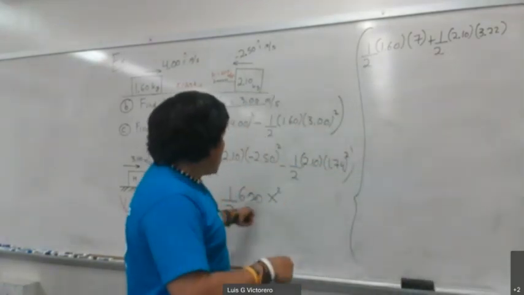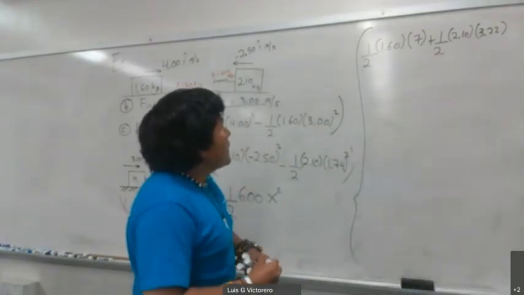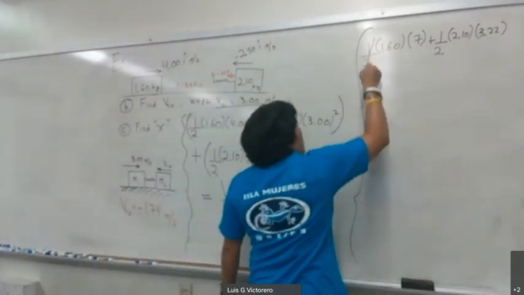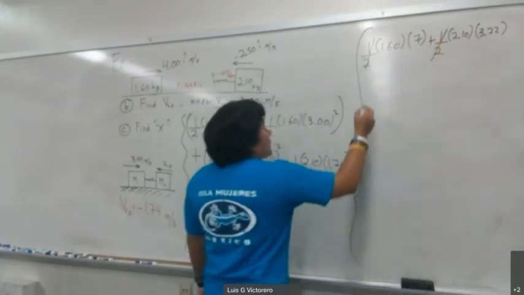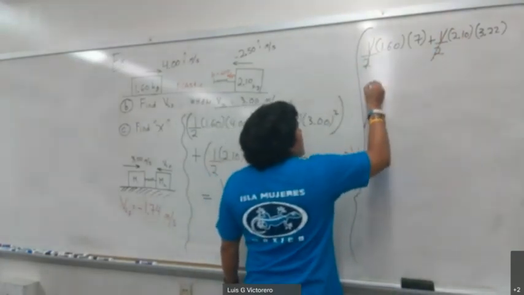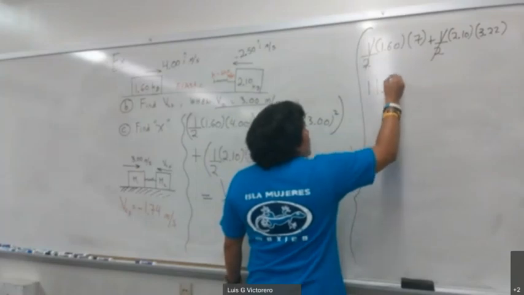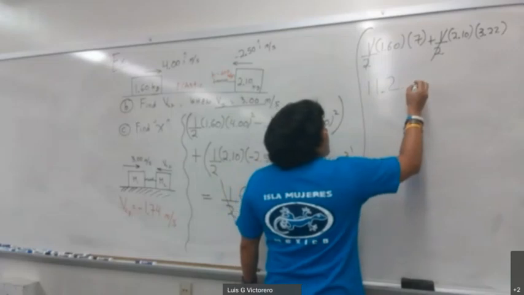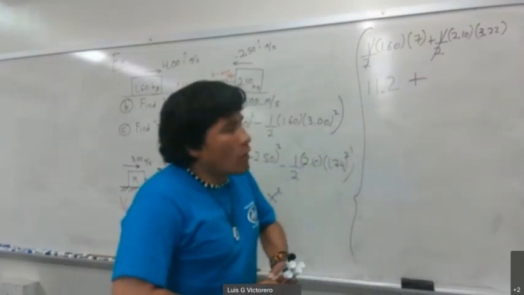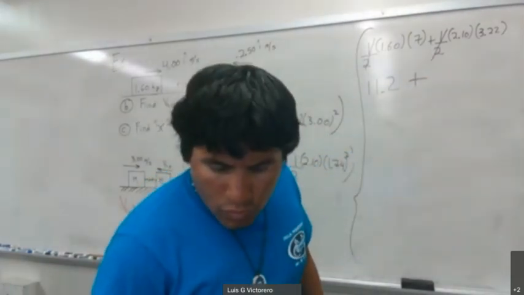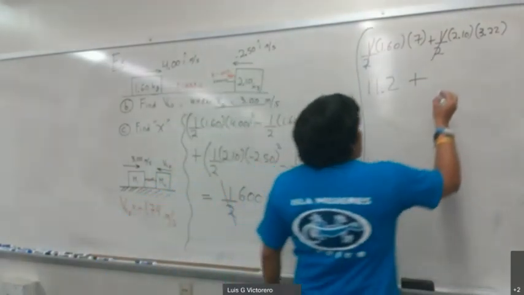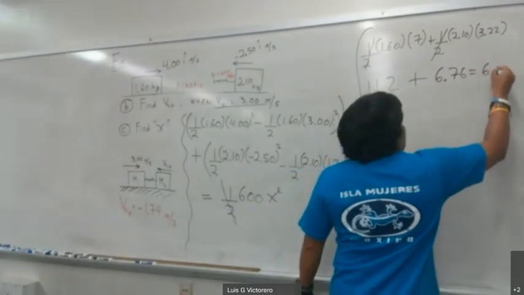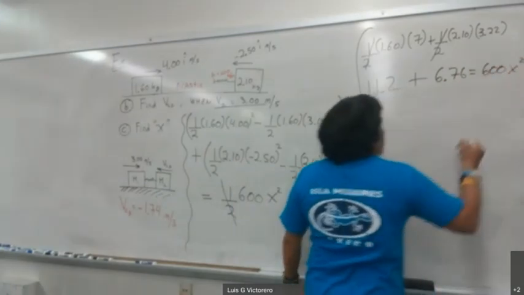If I do that, that's equal to this. The halves cancel. So 0.022 plus 2.10, 3.22, 6.6 equals 600 x squared.